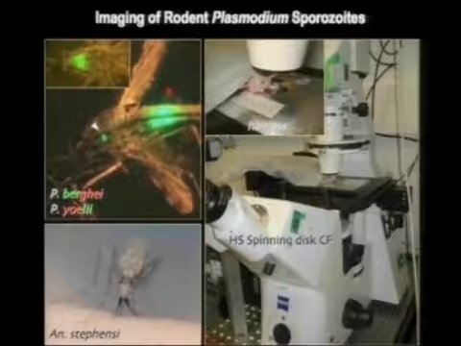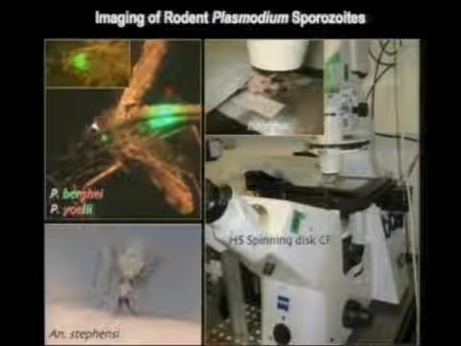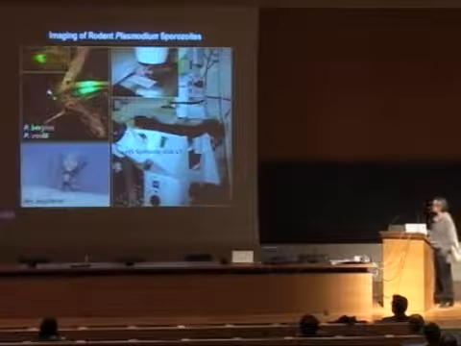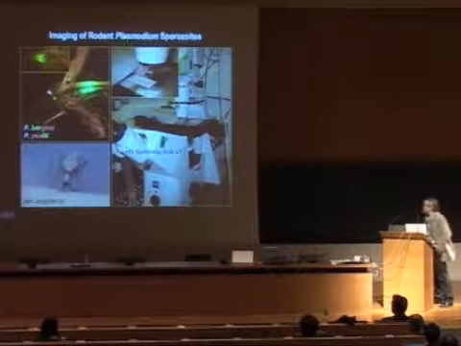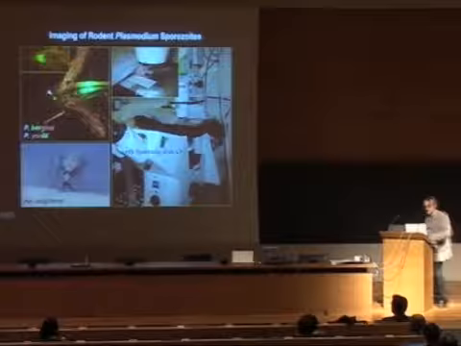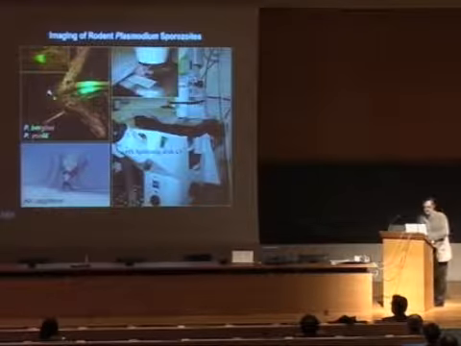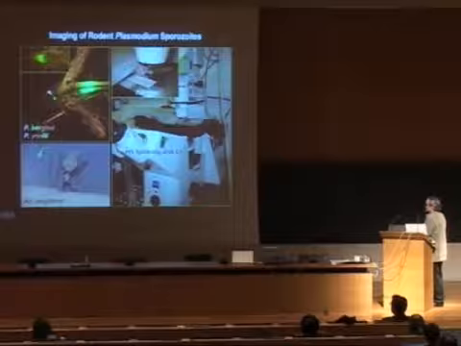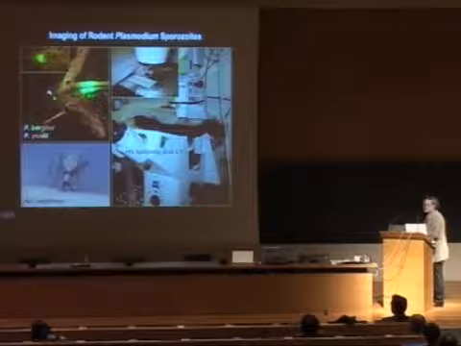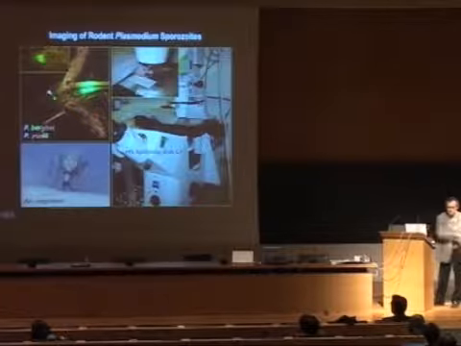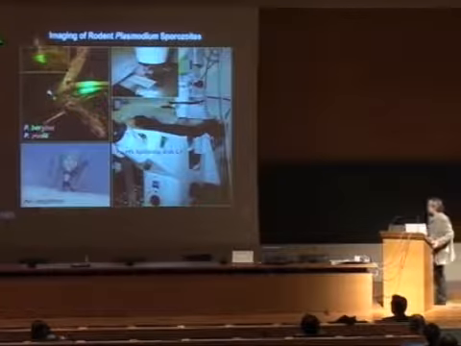Okay, so imaging parasites in vivo today is only possible using rodents, and that gives you the sense of the kind of very tricky experimental system that we have to use. So we start with mosquitoes with green fluorescent parasites here, sporozoites that are formed inside the gut of the mosquito, and then they reside in the salivary glands here.